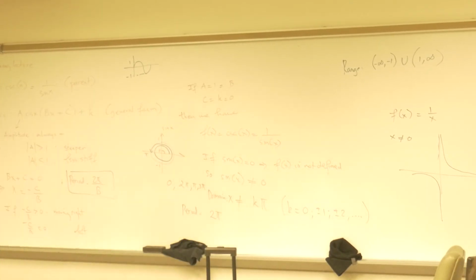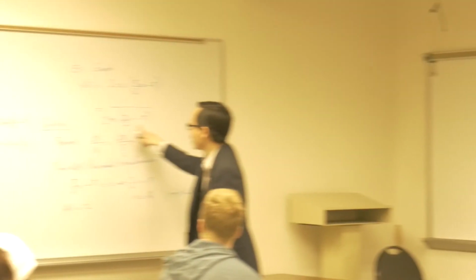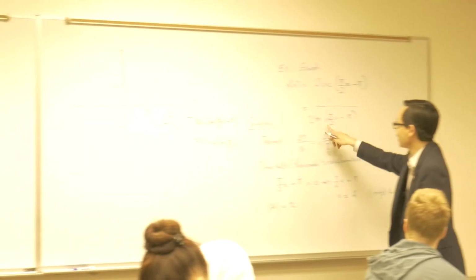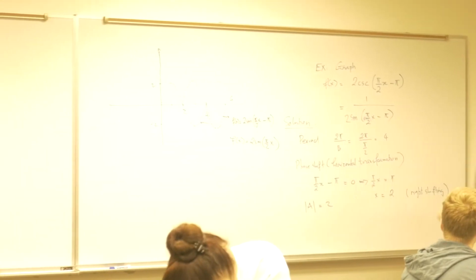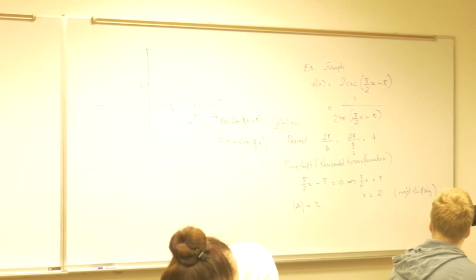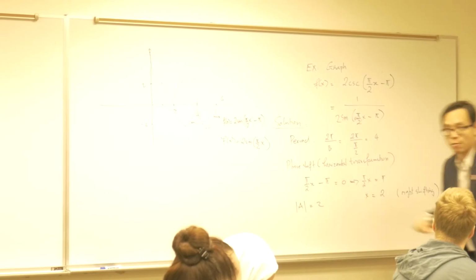So the function is undefined at where? Oh, we need to find that. So over here will be all the values of x such that the bottom cannot be 0.